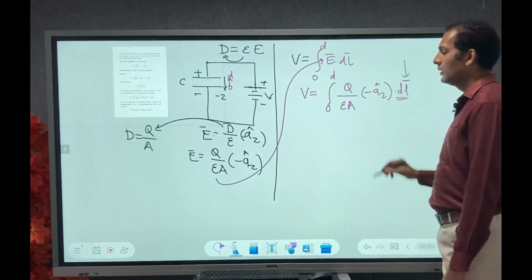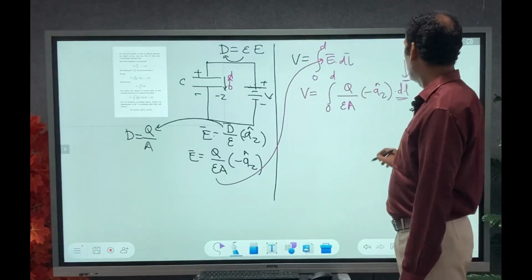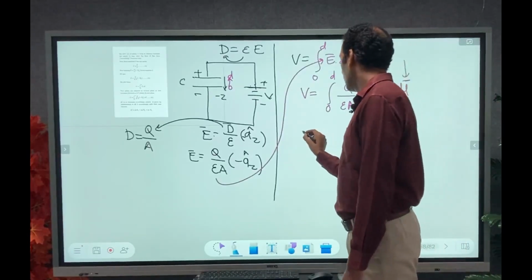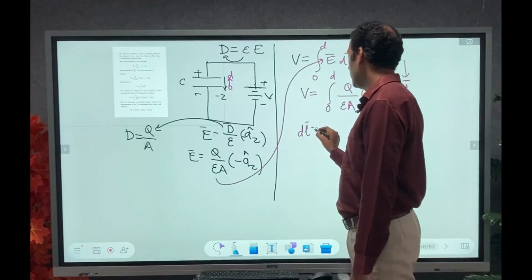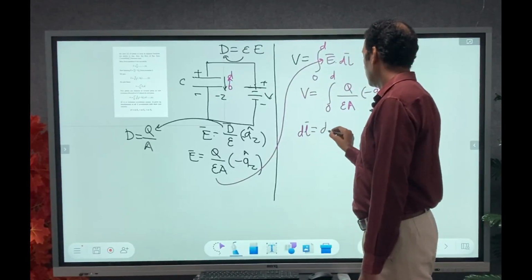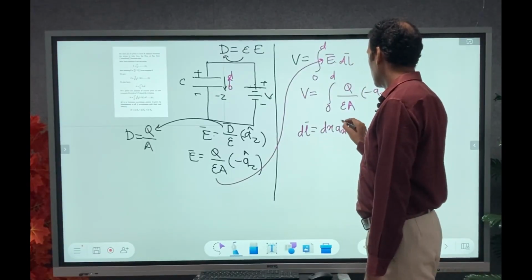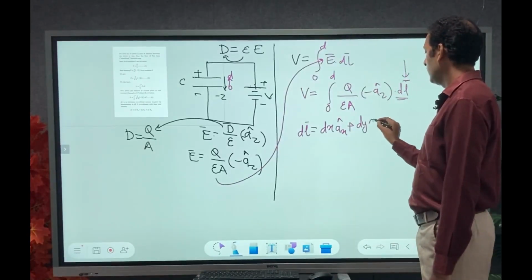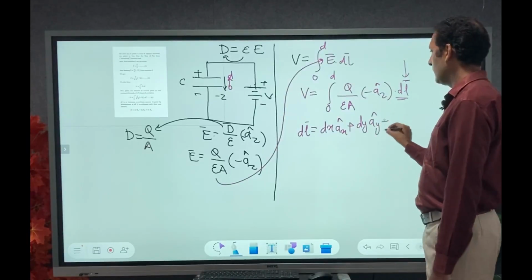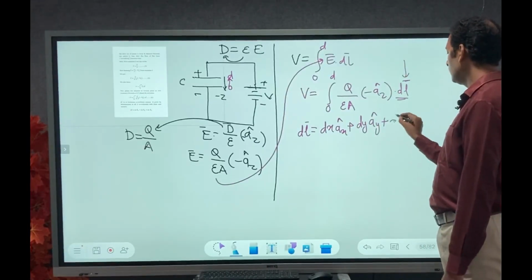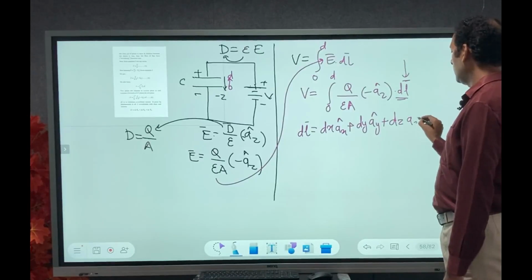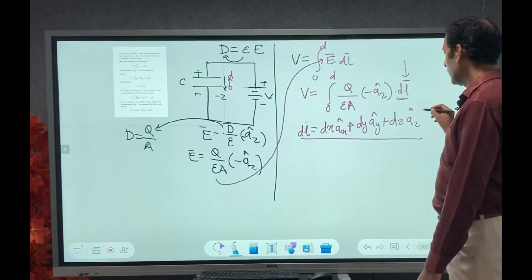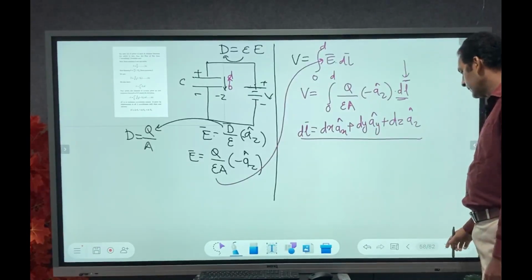Whoever is a vector will have direction as well as magnitude. So what may be the three possible axes for dl? dl may be equal to dx ax cap plus dy ay cap plus dz az cap, right?